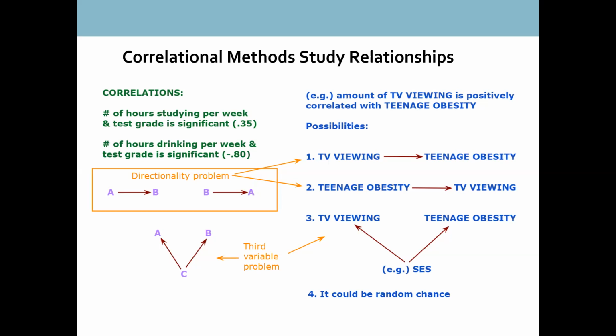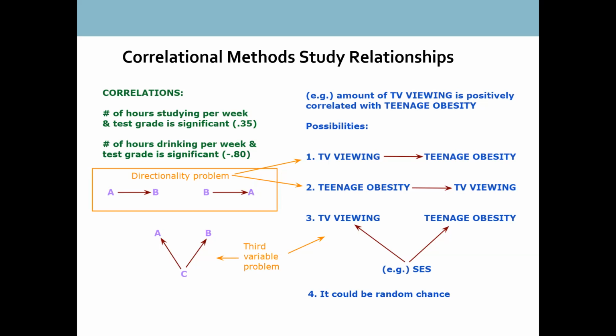We know this tells us that the number of hours spent drinking alcohol per week is more strongly related to test grades than the number of hours studying per week. And that -0.8 is very close to -1, relatively speaking.